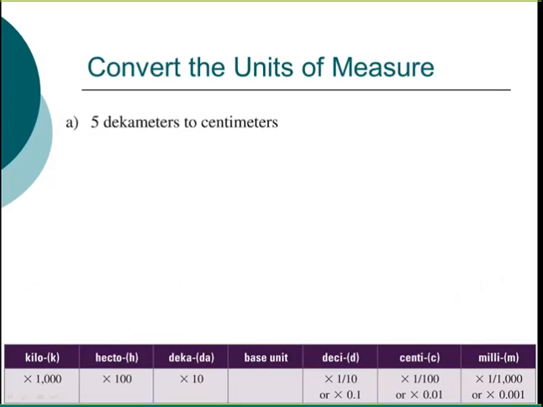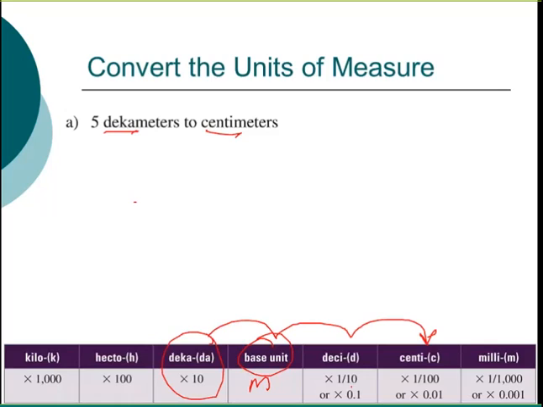Okay, so we've got decameters to centimeters. So our job in our notes, in your assignment, is to take decameters, recognize where it is. So it's right here. So it's one bigger than our base unit, which would be meters here. And we're supposed to go to centimeters. So basically we've got to go over 1, 2, 3 places.